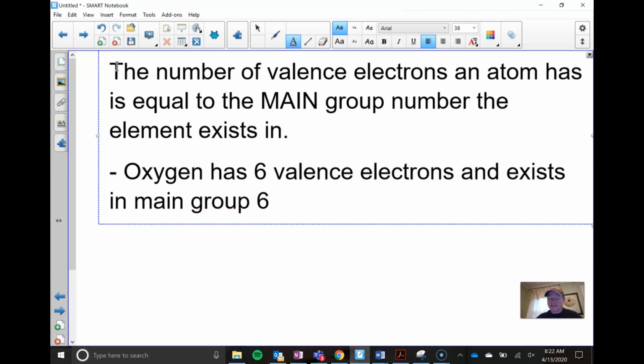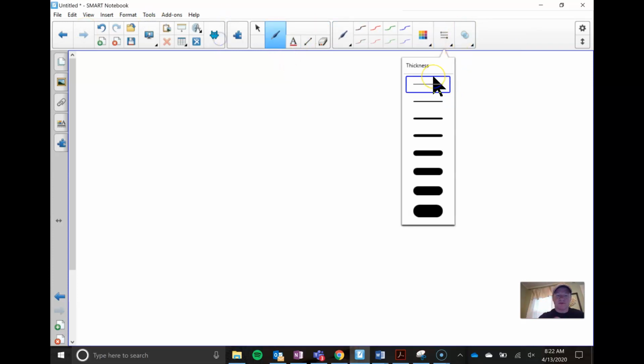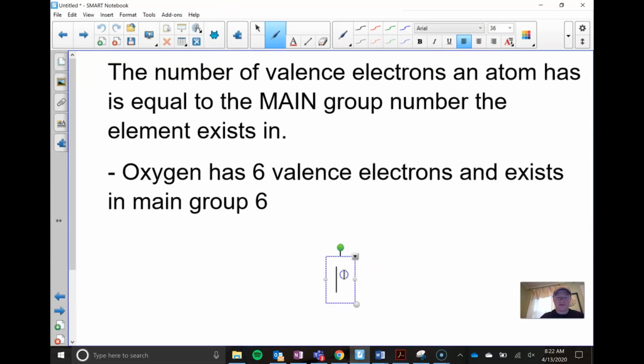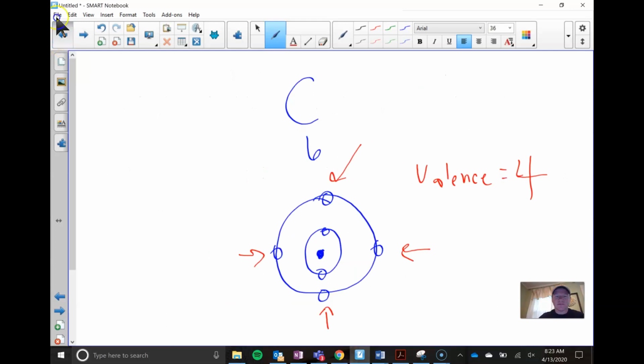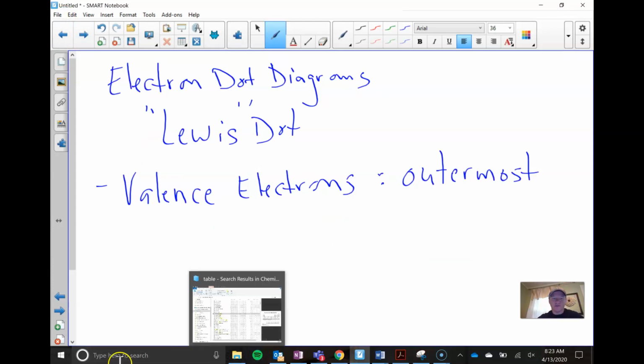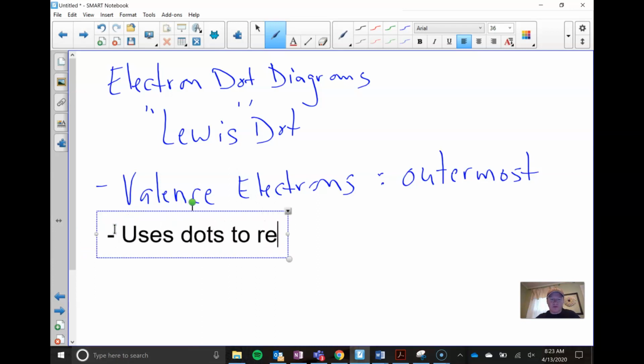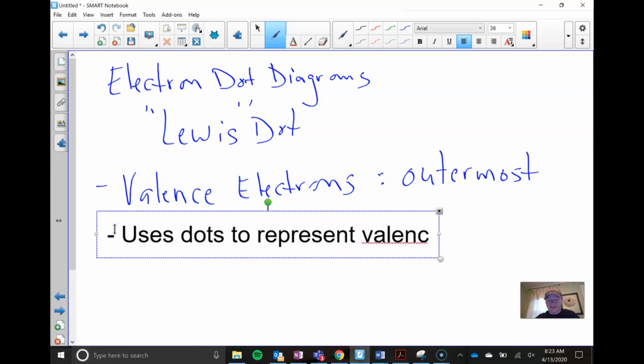Now let's tie this into the electron dot structure that I mentioned. It's very simple now that we know how to determine the number of valence electrons. The electron dot structure simply uses dots to represent valence electrons.